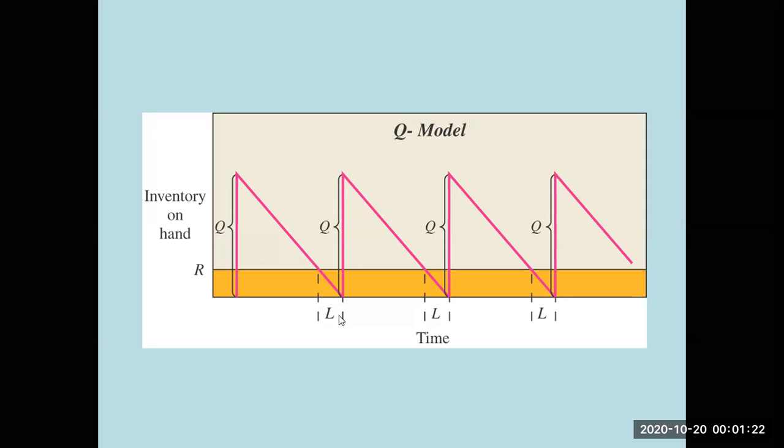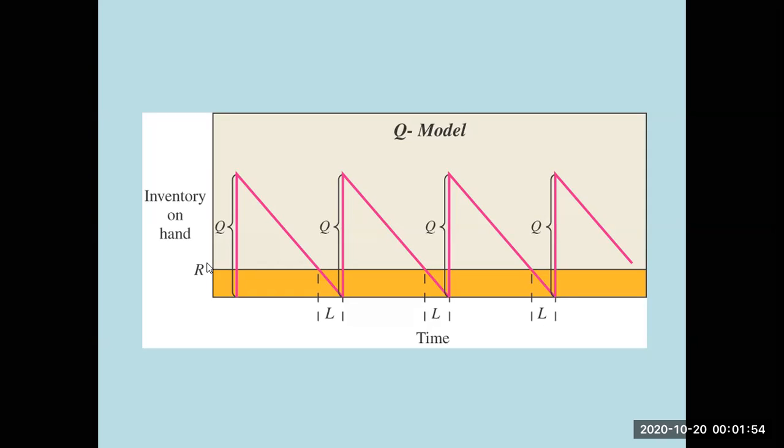Because of lead time, we place the order earlier than zero inventory. The lead time's worth of days earlier. So when the inventory level hits this point, that is the reorder point.